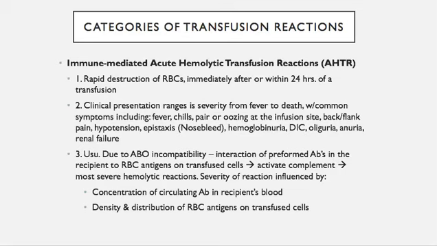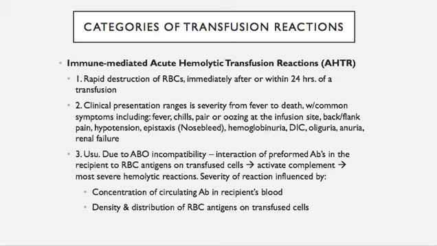So this type of transfusion reaction is usually going to be due to an ABO incompatibility. So you've got interaction of preformed antibodies in the recipient, so those are those naturally occurring antibodies, to red cell antigens on the transfused cells. This activates complement.